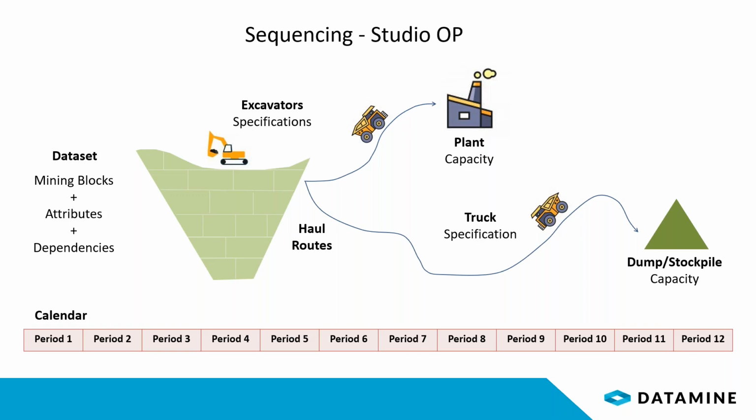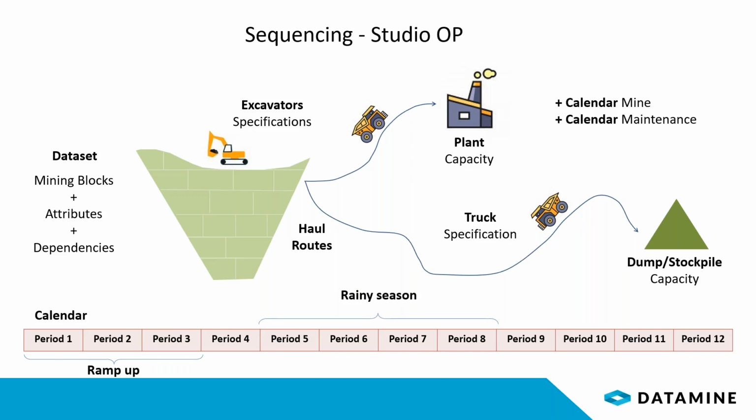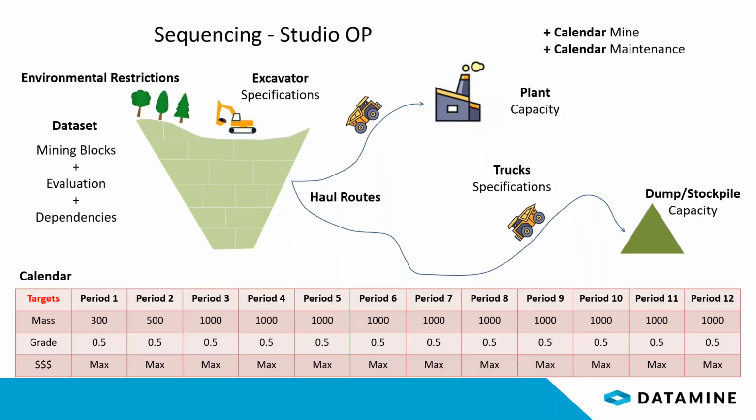Everything influences the schedule. It also depends on the calendar that you need to respect. It can be related to certain days that you don't work in your country, or it has to do with a very intense rain season in a specific period or a group of periods where you already know that you're not going to be able to access a certain area because of the rain. So it depends on a lot of things.